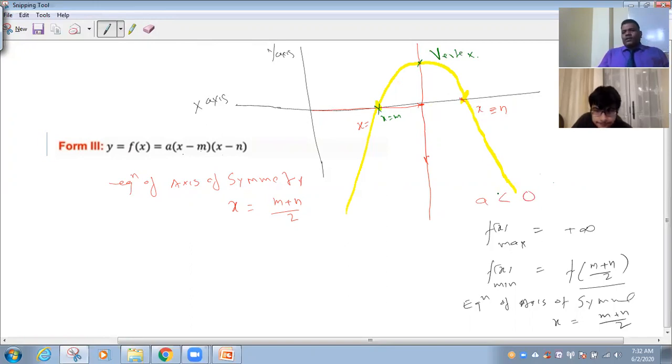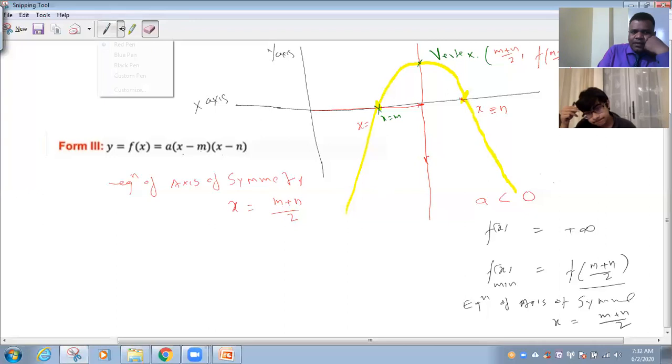So can you tell me the coordinate of the vertex? The coordinate of the vertex is m plus n over 2, comma, f of m plus n over 2. That's it. Now, what is the f of x min? Minus infinity. Correct. Because it's going down, down, down, down.